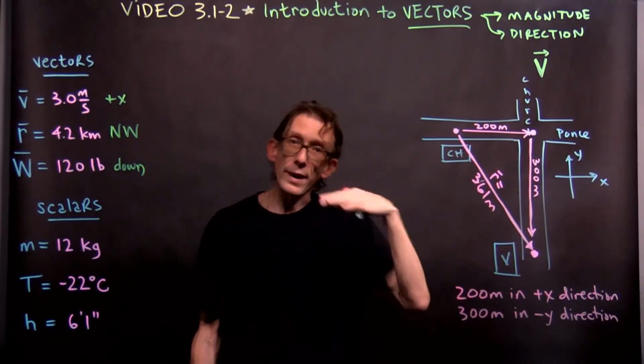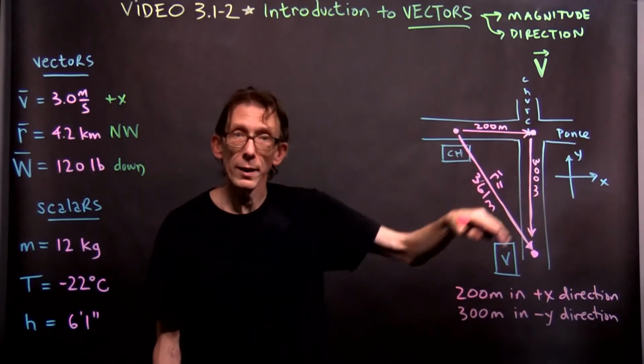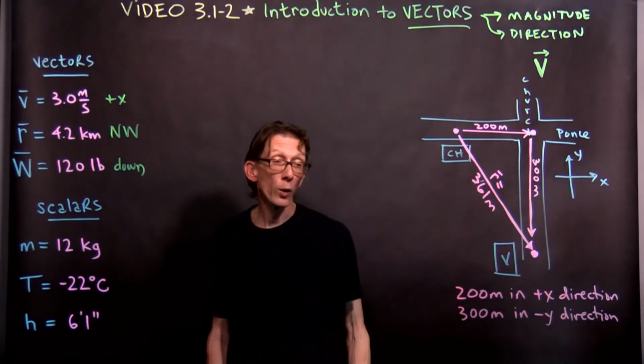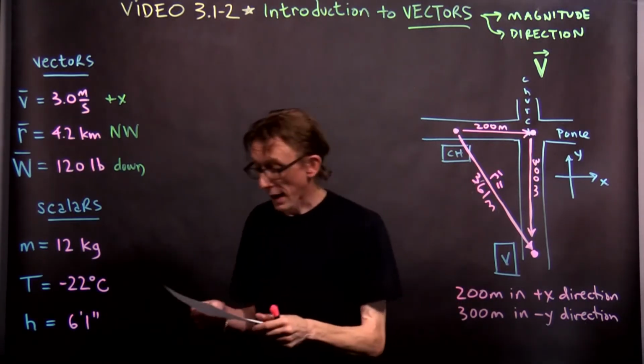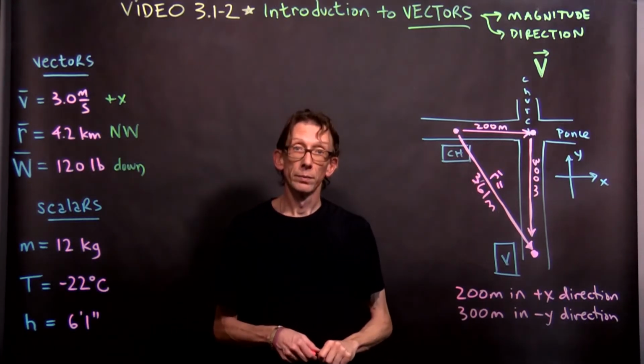We can either talk about east, west, north, and south, or we can talk about plus or minus x and y. So in xy language, you go 200 meters in the x direction and 300 meters in the negative y direction.